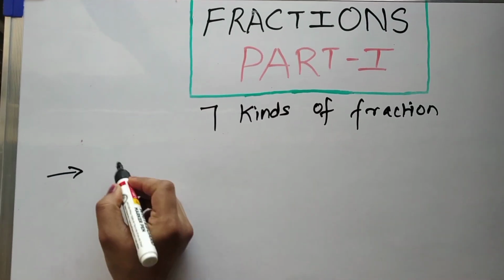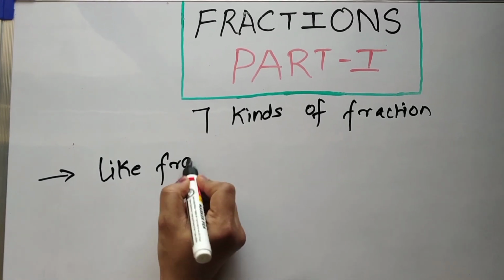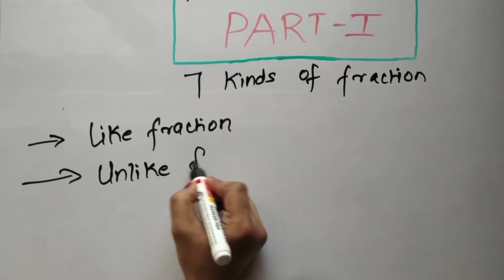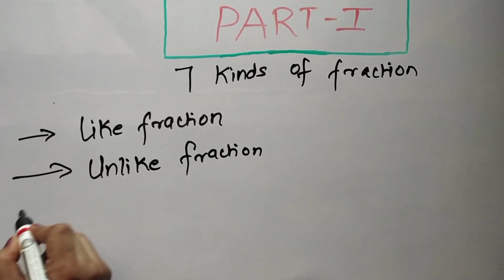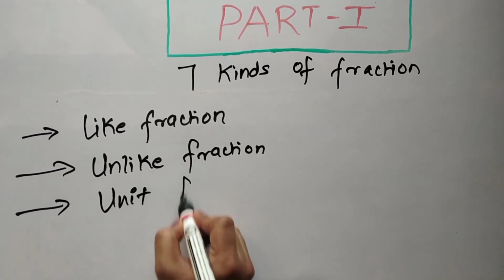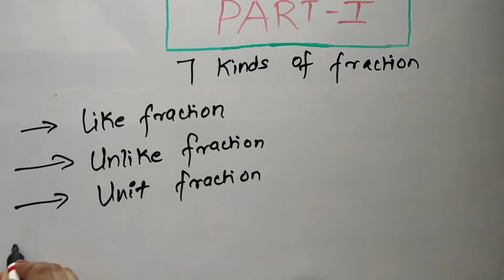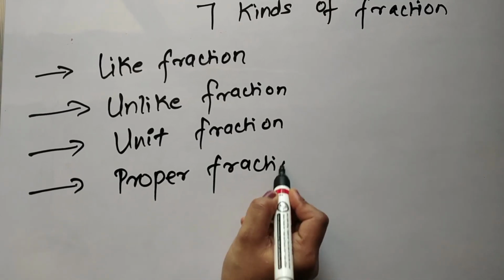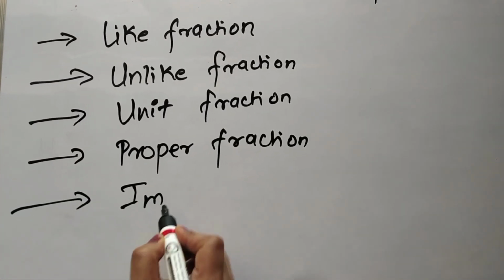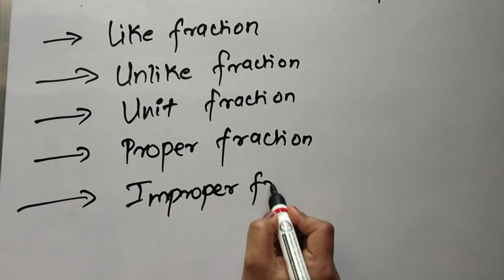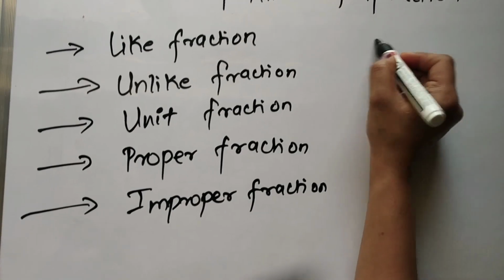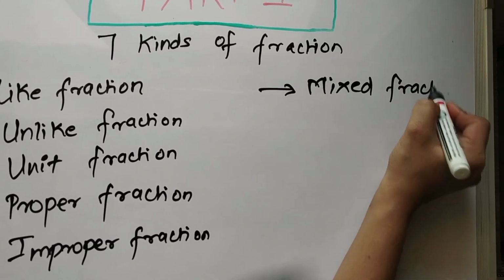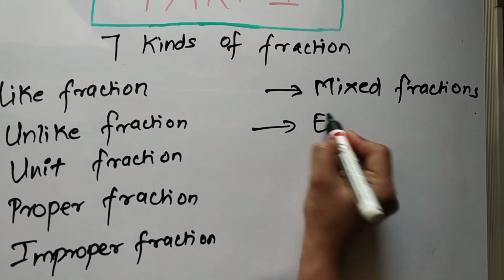They are: first, like fraction; second, unlike fraction; third, unit fraction; fourth, proper fraction; fifth, improper fraction; sixth, mixed fractions; and seventh, equivalent fractions.